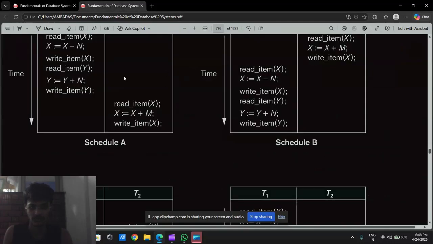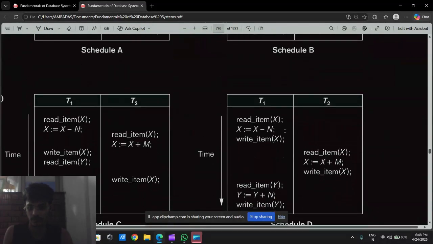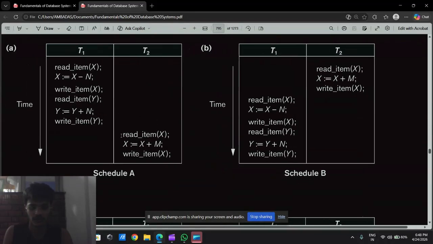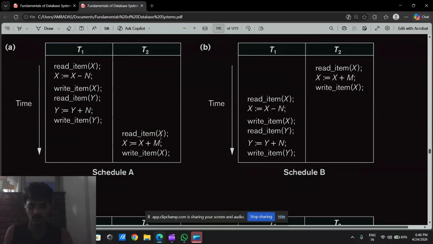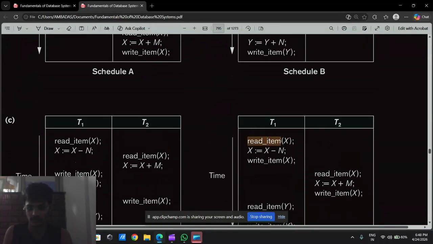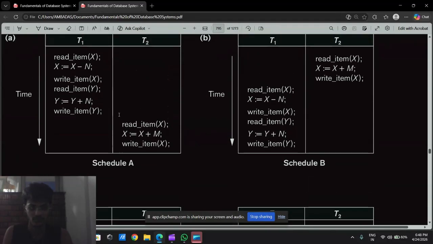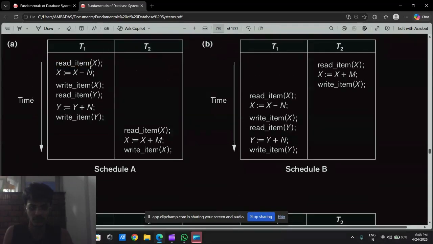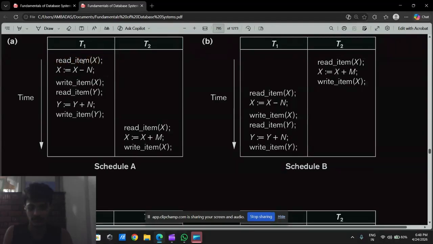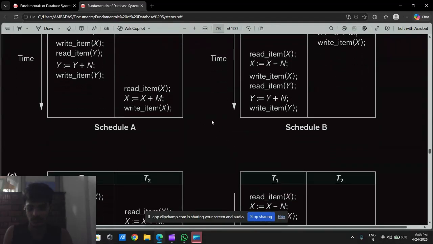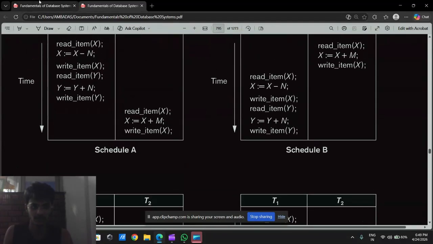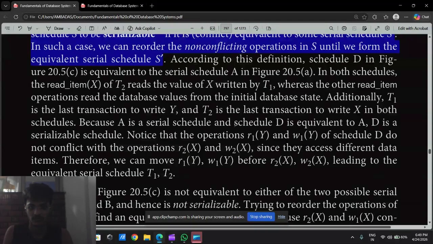So in both the schedules, in transaction T2, if we observe, the item X is read, which is written by transaction T1. Here we are reading item X in transaction T1, which was fetched from the initial database state.